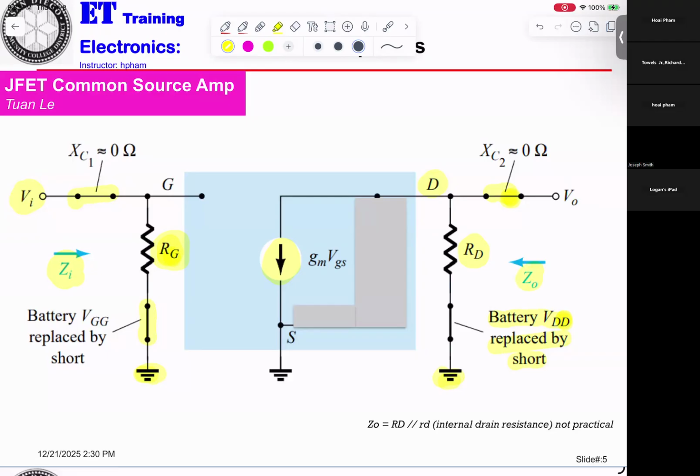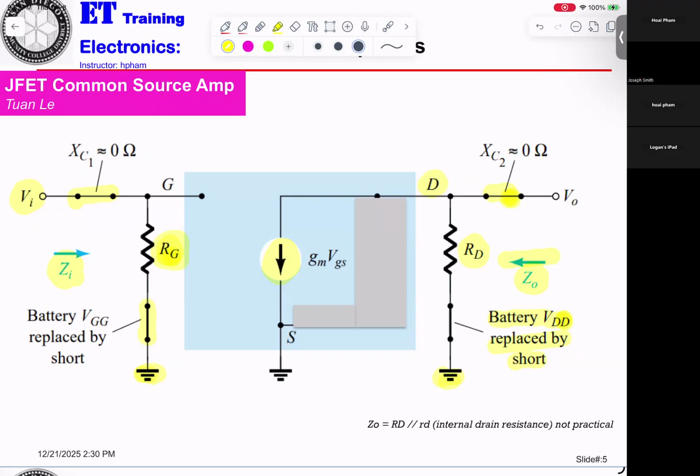Output impedance, that means from the output you're looking into the amplifier, you see only one RD. So in this circuitry, it's very simple.